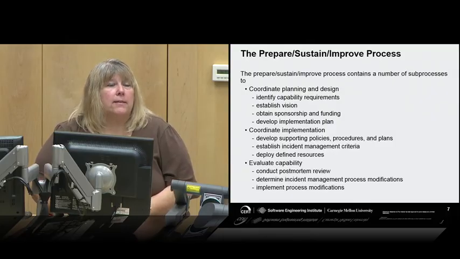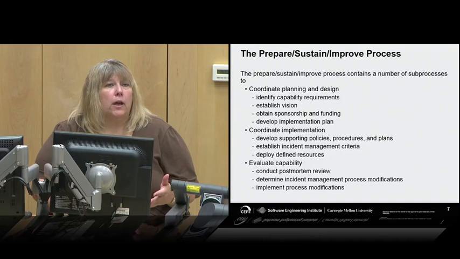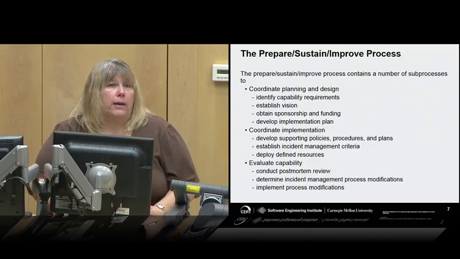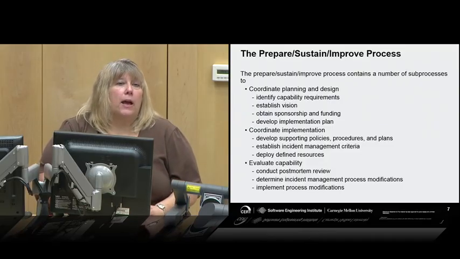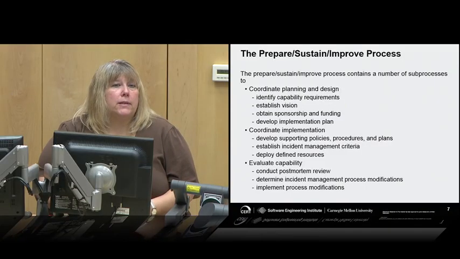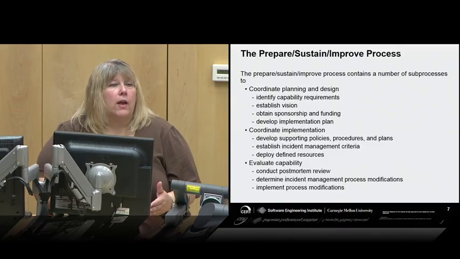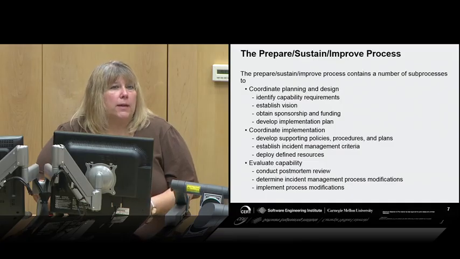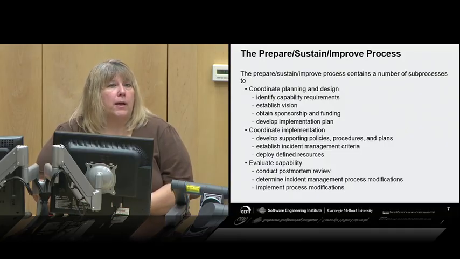The next sub-process is coordinating the implementation. So in this case, this is still if you're building a new incident management capability, but it could also be if you're improving an existing capability. So developing any type of supporting policies and procedures, incident management communications plans that we've talked about, and then making sure that the definitions and taxonomy are established, understanding what the criteria or threshold is for determining that something has become an incident.